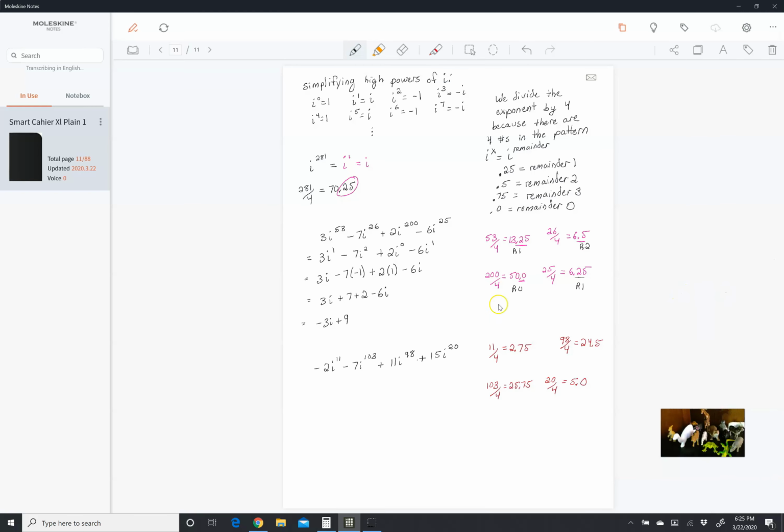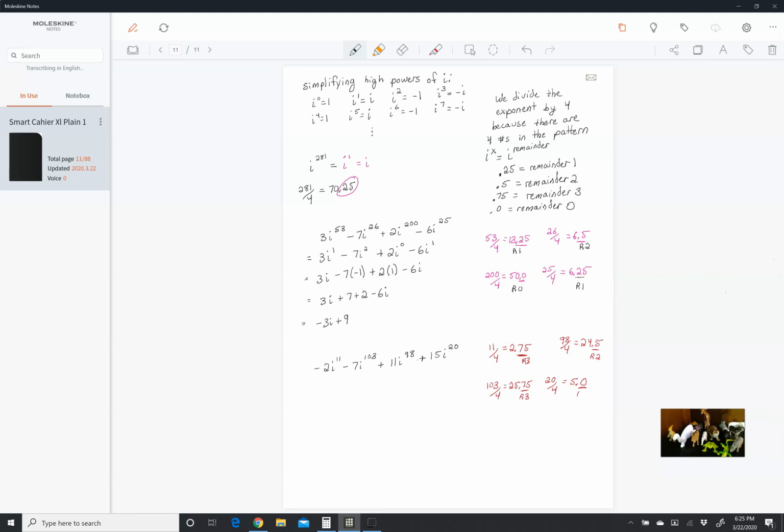So we could go back here and we're going to look at our decimals. 0.75 tells us a remainder of 3. 0.75 is a remainder of 3. 0.5 is a remainder of 2. 0.75, a remainder of 3 again.